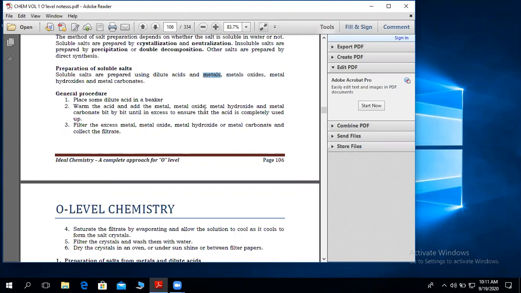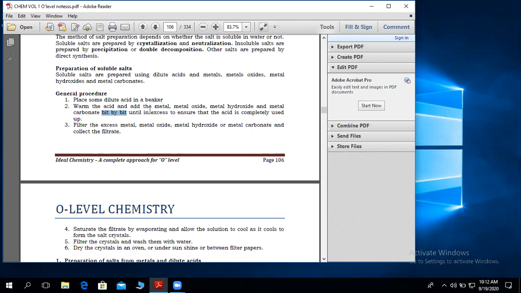or metal oxide, or metal hydroxide, or metal carbonate, a bit by bit, or little at a time. We don't want people who do things carelessly. Until in excess.